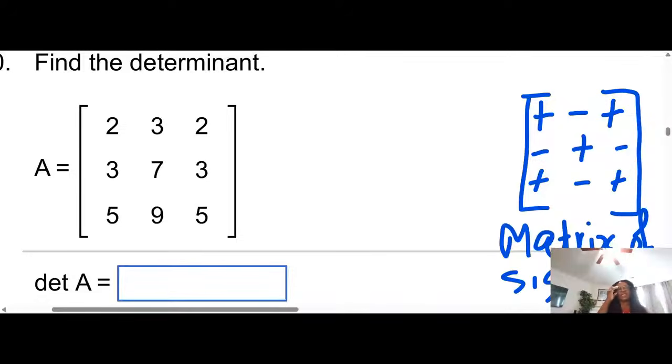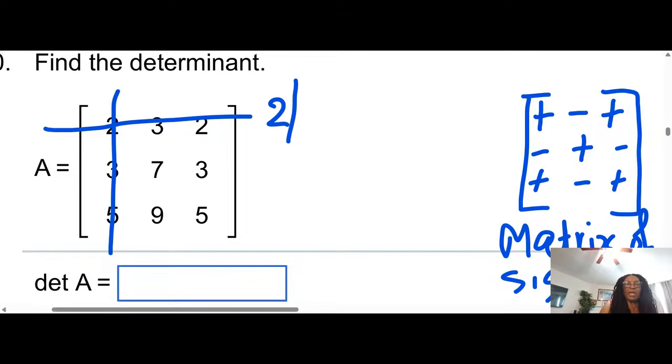Okay, so the next one is to choose which row and column I want to use. I actually want to use row 1 and column 1. So I'm going to use row 1, column 1, which means I will have to multiply 2 by a 2 by 2 matrix.